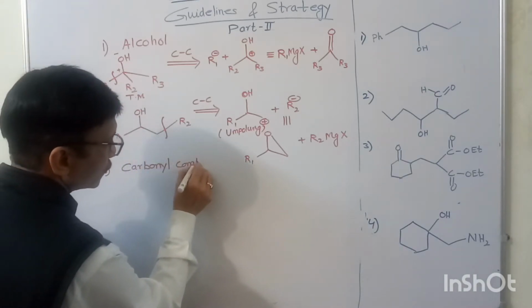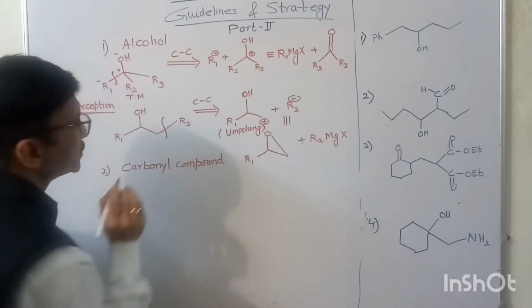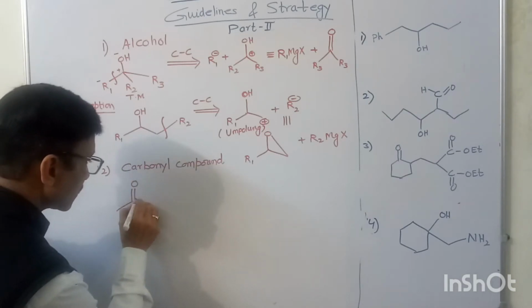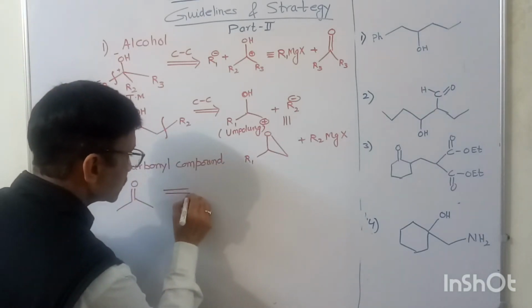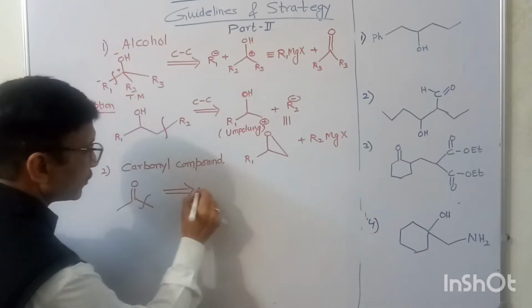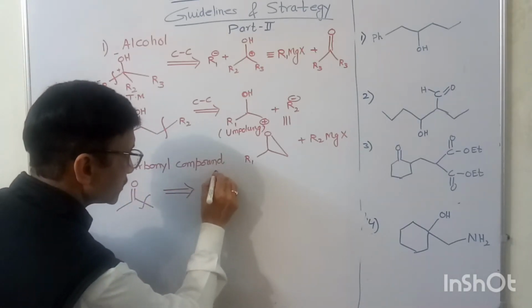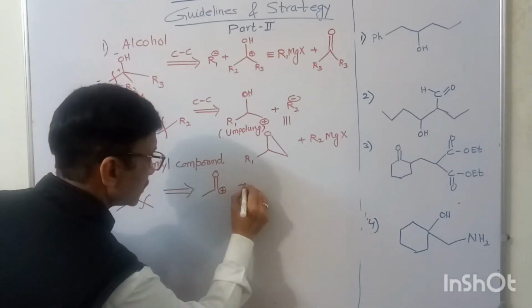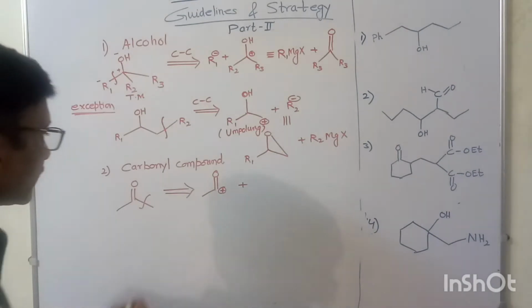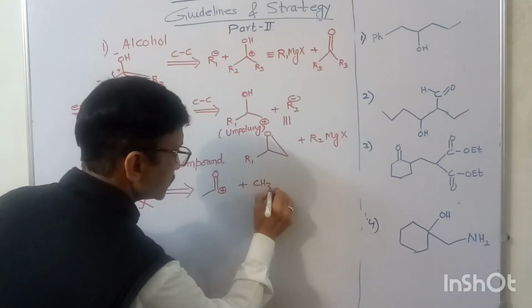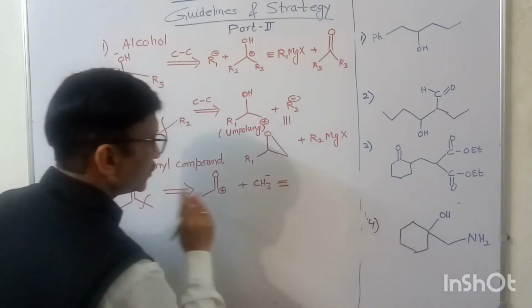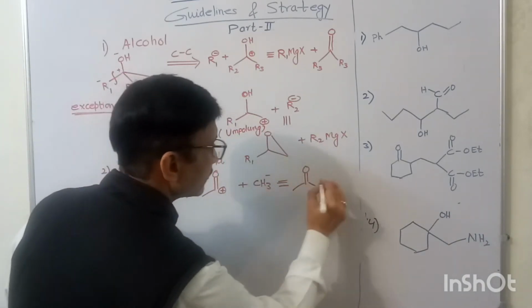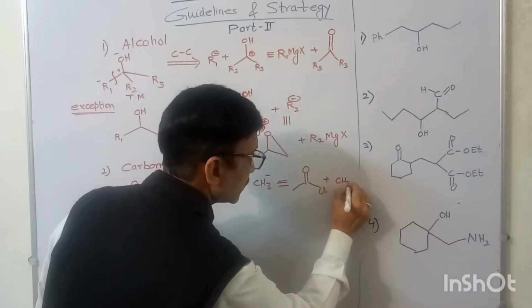Suppose this is the target molecule, and if you want to disconnect, then we can disconnect it from here, and you will get a synthon with a positive charge, the natural polarity, and this may be CH3 minus. Corresponding to this you can write a synthetic equivalent: Cl minus can be added over here, and CH3MgCl.